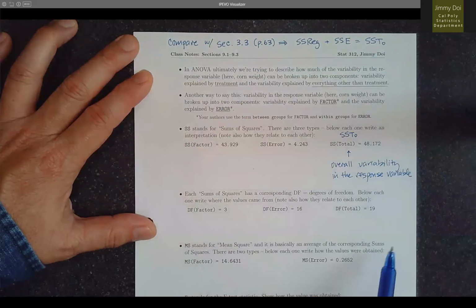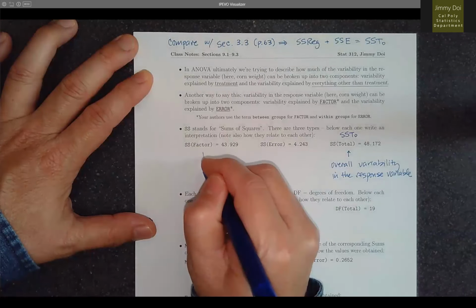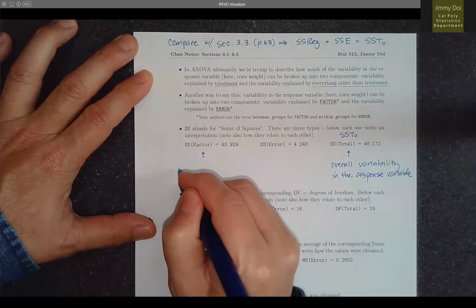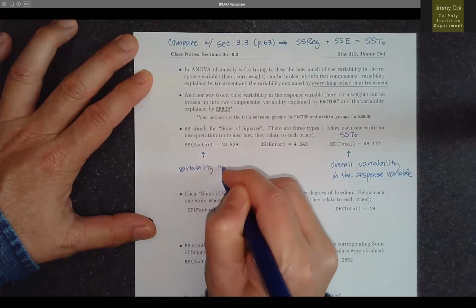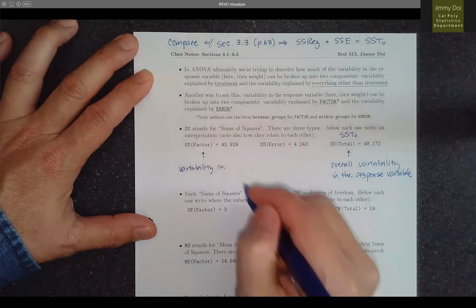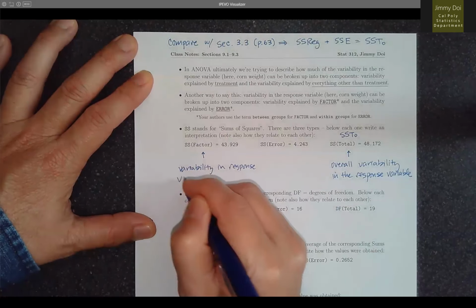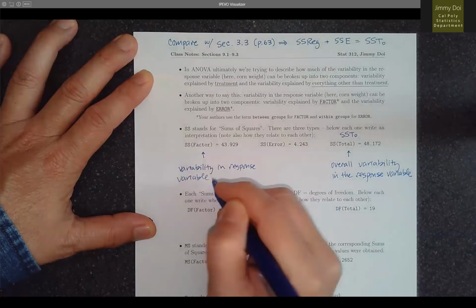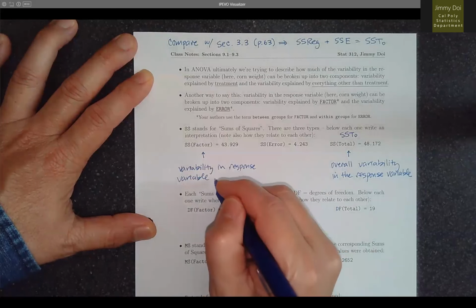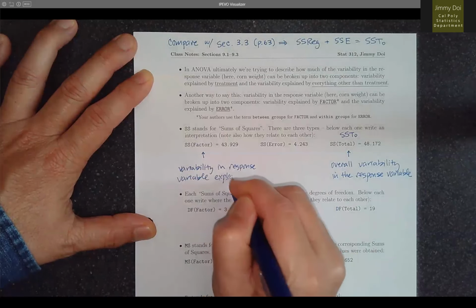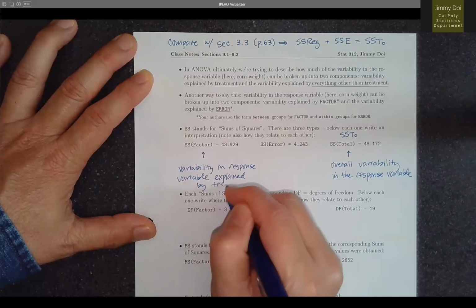Now, what's this? Factor corresponds to treatment, all right? So please write this down. This will be the variability in the response variable that is explained by the treatment or the factor.